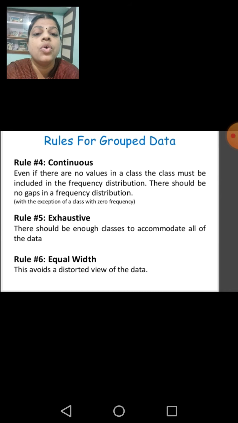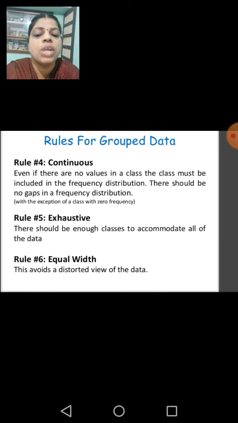Consecutively we have to form according to the sequence only. We cannot jump from one class interval to the next class interval. Understood? So that is rule number 4.